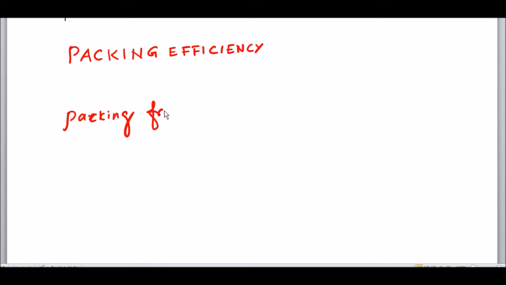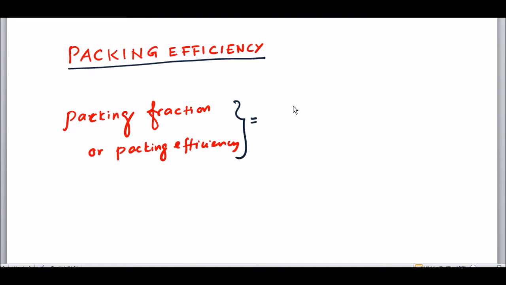to 100%. So packing fraction or packing efficiency can be calculated as follows.